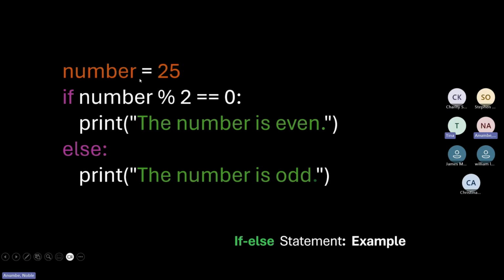So if we say 24 divided by 2 will give us 12, remainder what? 0. So for 24, the number is even. But for 25, this is going to evaluate to false. So to your point, if the number and then I apply the modulus operator by 2, it's going to give me this, right?